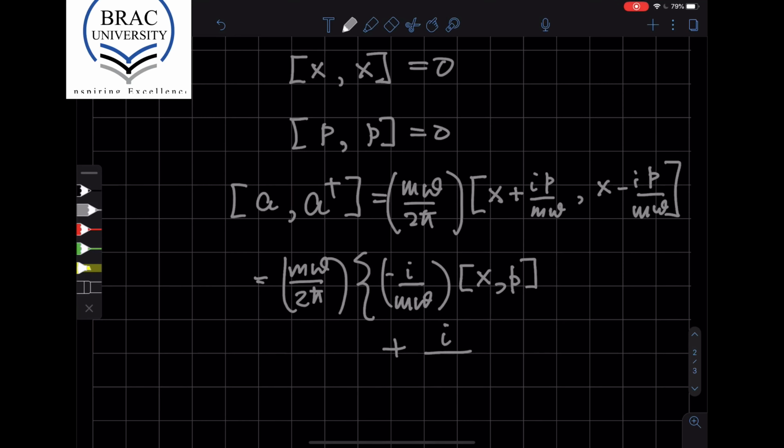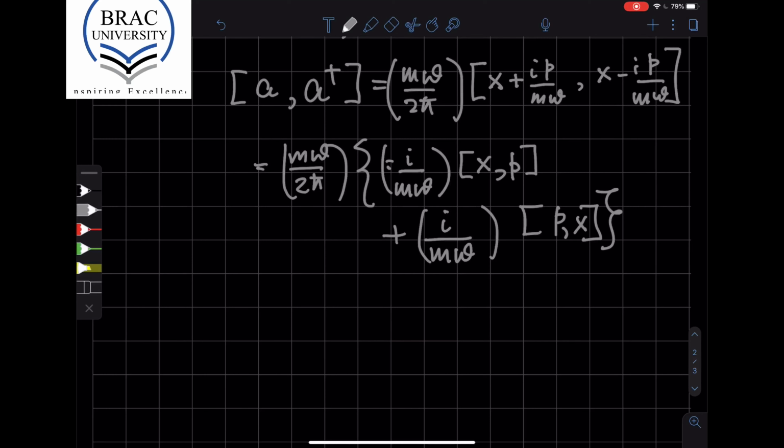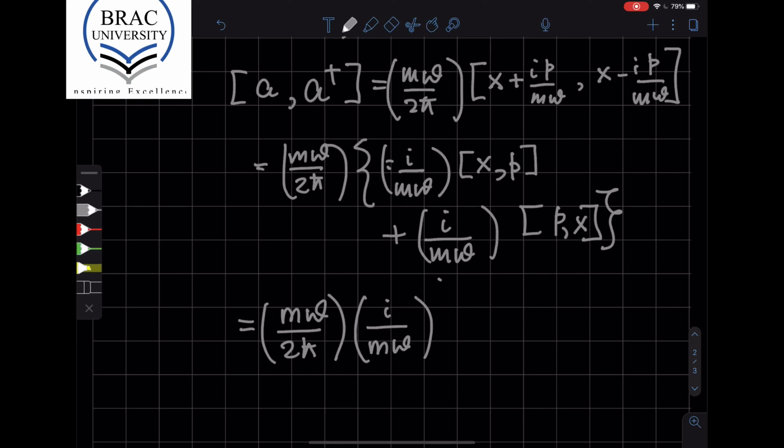The second term will be a commutator between p and x. Now we can pull out the constant from inside, and then we have i by m omega. We write the second term first.